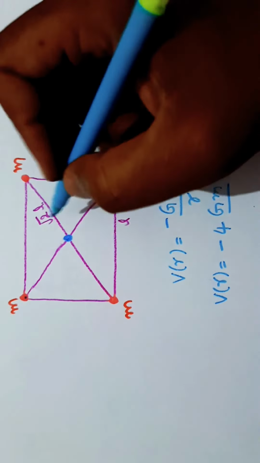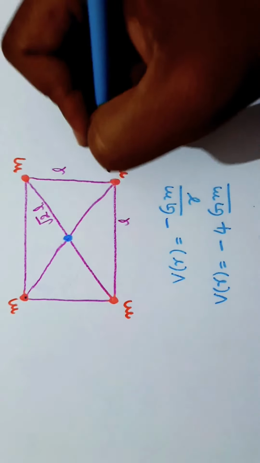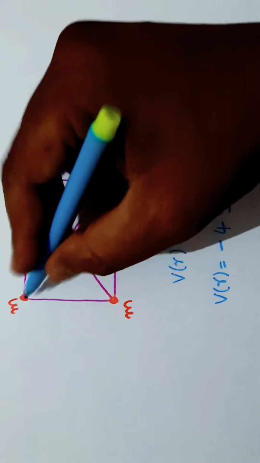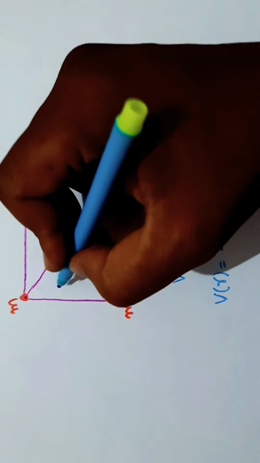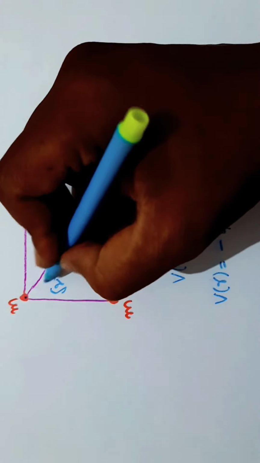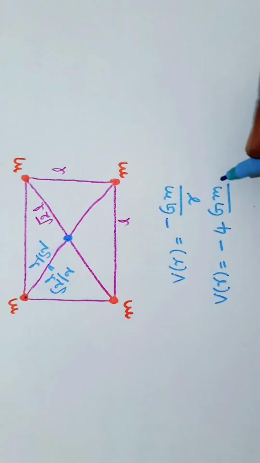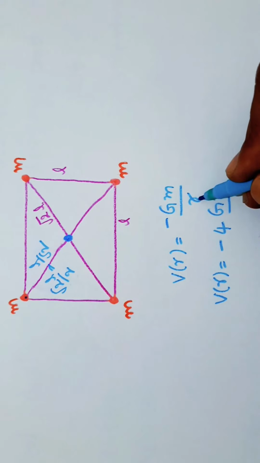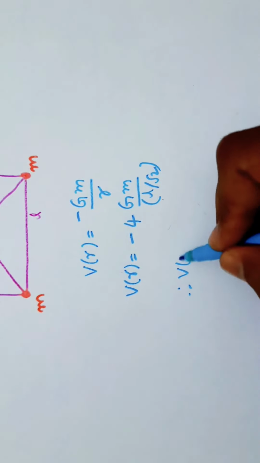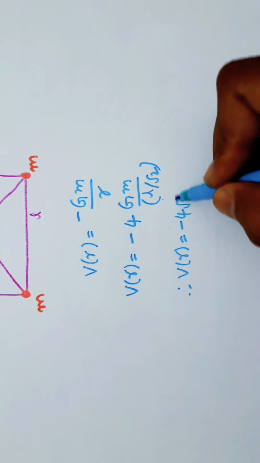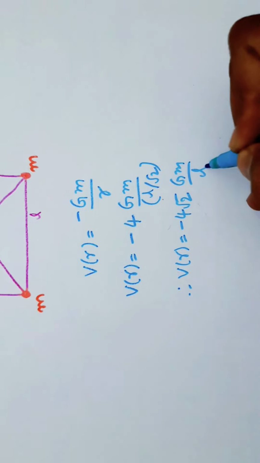So here the distance between two diagonal masses is root 2 L. So here it is root 2 L by 2, that is L by root 2. So here R is equal to L by root 2. Therefore V of R is equal to how much? That is minus 4 root 2 G m by L.